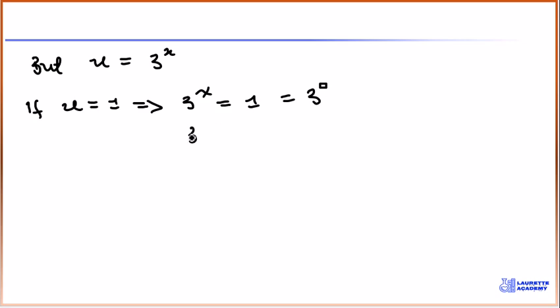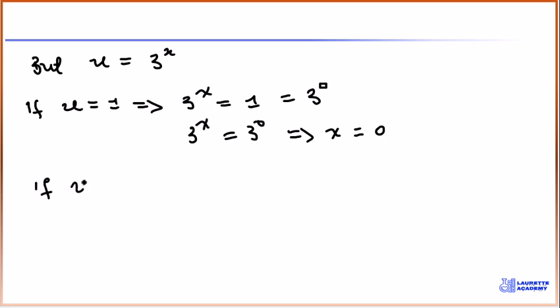So we have that 3 raised to the power x equals 3 raised to the power 0. Any number raised to the power 0 is 1. So this implies here that x is equal to 0.